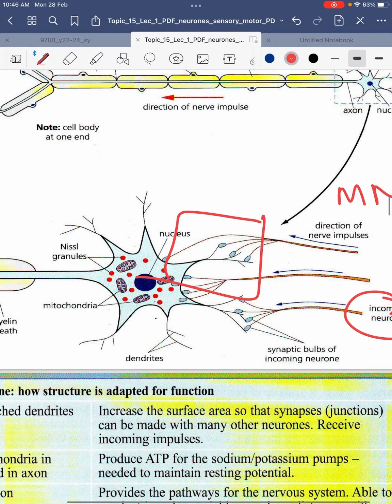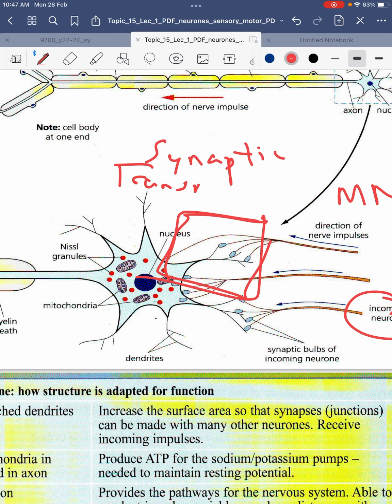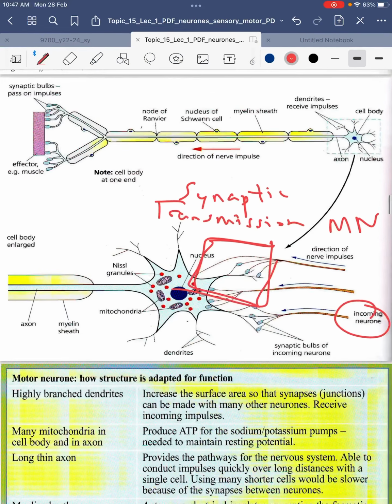So how do neurons communicate? They communicate between a synaptic knob or synaptic bulb or synaptic terminal with the cell membrane of the cell body. So this is a topic on its own, which is known as synaptic transmission.